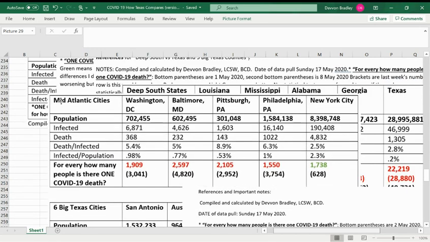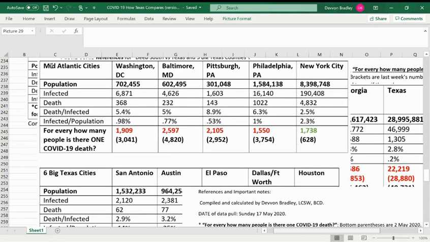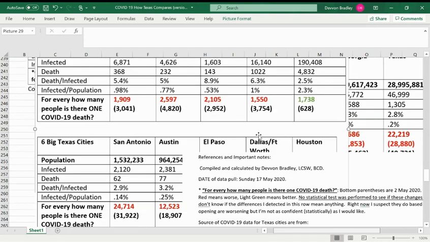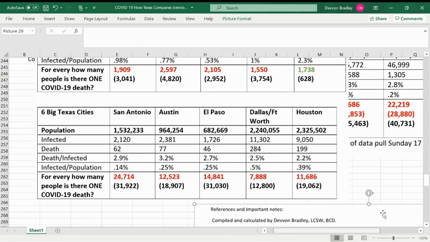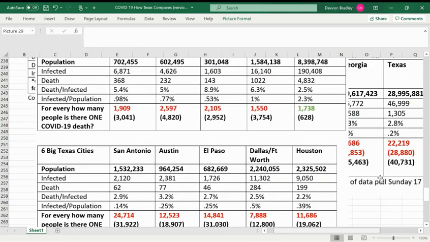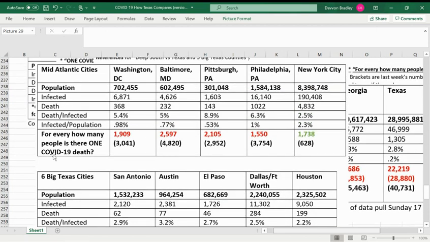It's probably a separate video, but we take a quick peek at this data. The piece of information I really care about is for every person, how many COVID deaths are there in DC, New York, Houston, San Antonio, whatever.